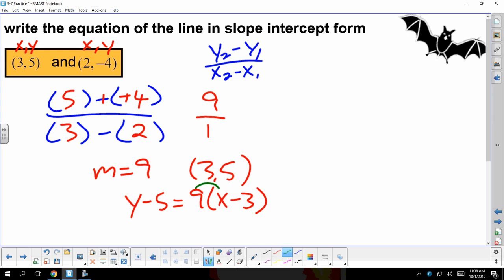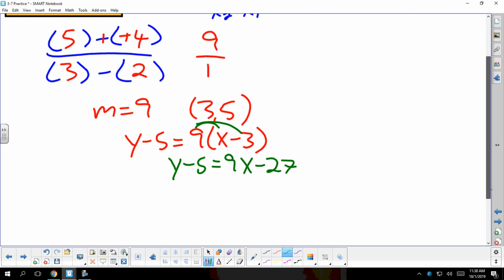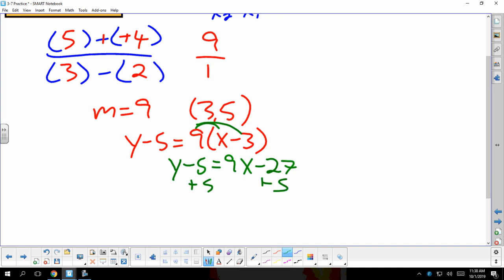Distribute: y minus 5 equals 9x minus 27. And I'm going to add 5 to get y equals 9x minus 22. Not too bad, right? Finding the equation of lines, given 2 points, given the point and the y-intercept.